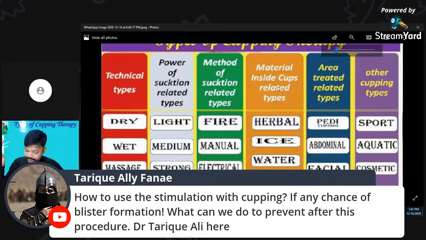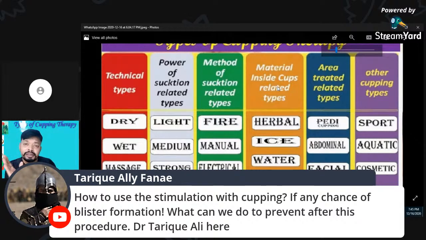When you apply 1 to 2 pumps, it is very light cupping. When you go for more than 2 pumps, it is medium cupping. And when you apply 3 to 4 and more than 5 pumps, that will be strong cupping.